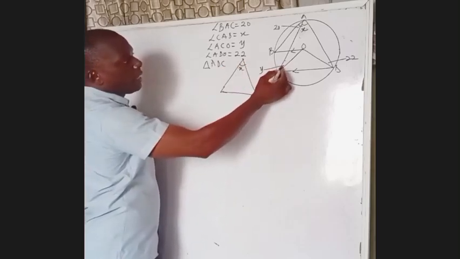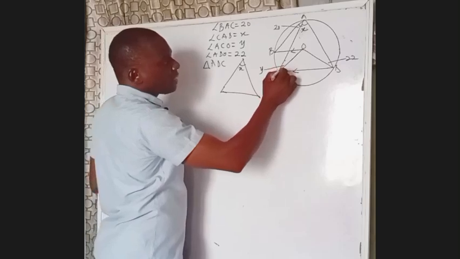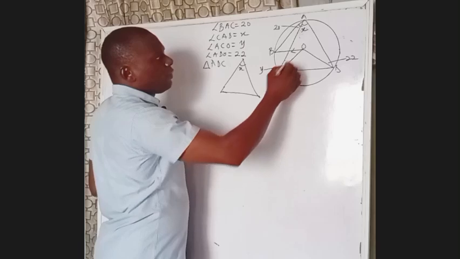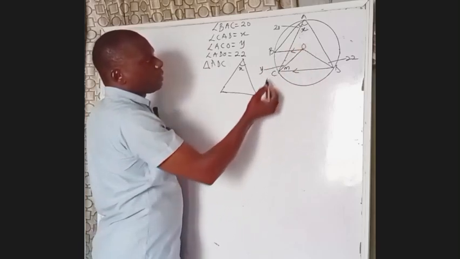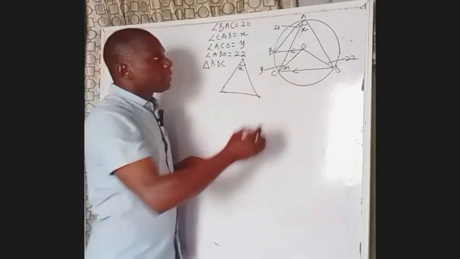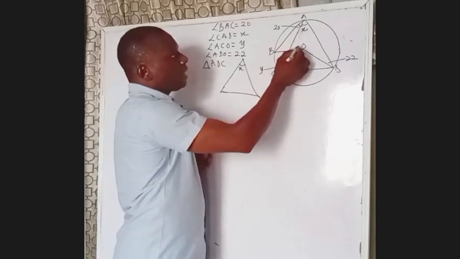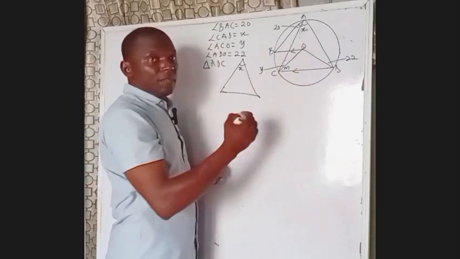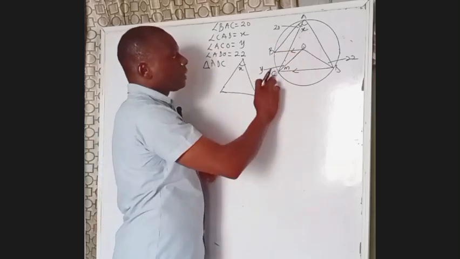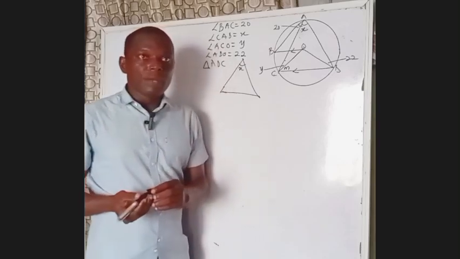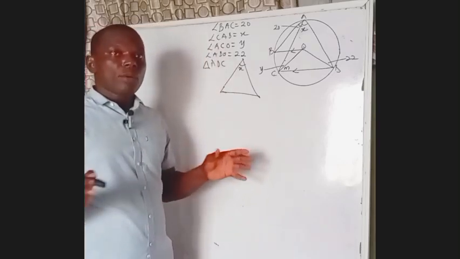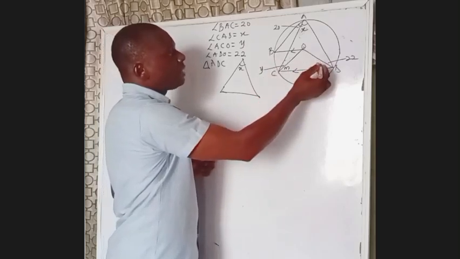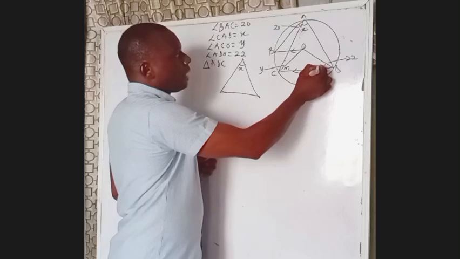And remember, if we look at this angle here, which is y, assuming this particular angle we name M, then if you look at triangle OCD, since OC, OD and OB are all radii because O is the center of the circle, that makes triangle OCD an isosceles triangle. And in an isosceles triangle, the base angles are usually equal. So if this angle is M, this angle as well will be M.